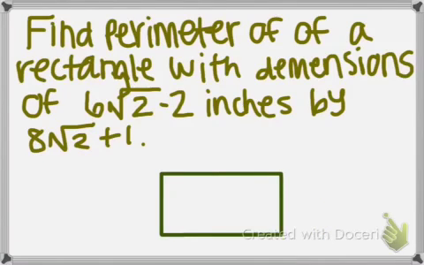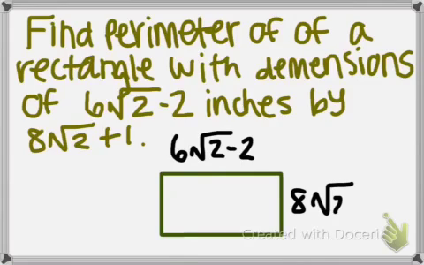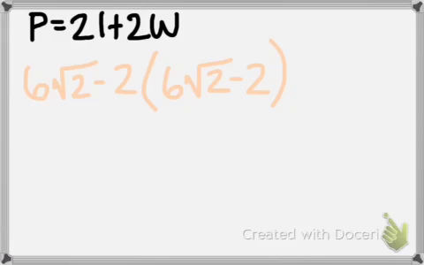Okay, so next we will be finding the perimeter of a rectangle with dimensions of 6 radical 2 minus 2 by 8 radical 2 plus 1. So you're going to label it. The formula for perimeter is 2L plus 2W.